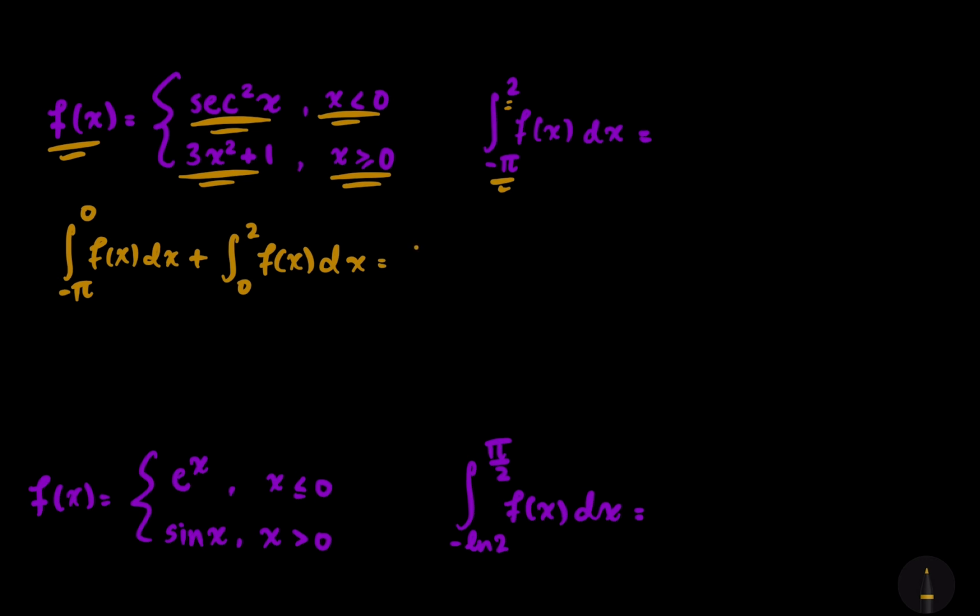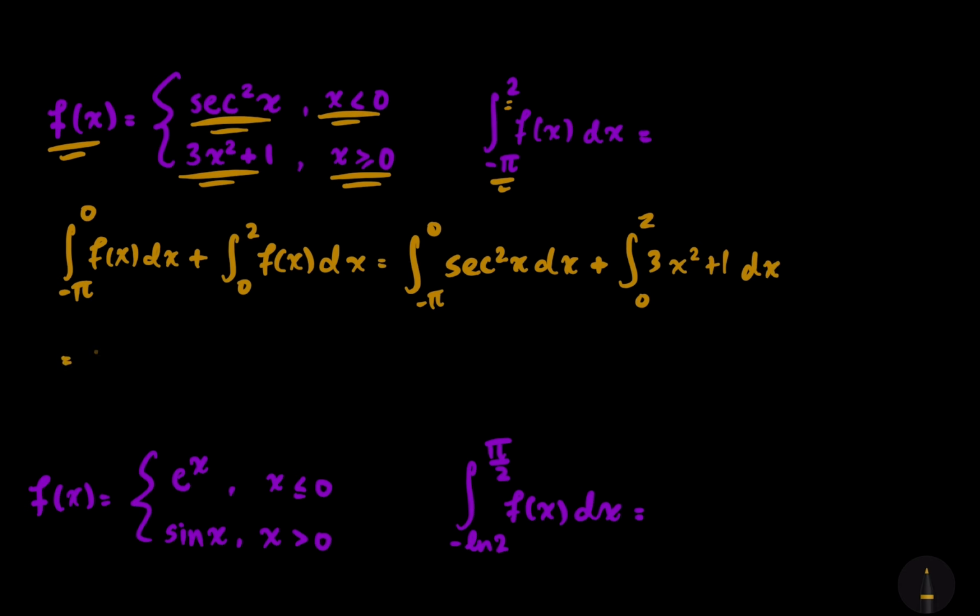So we rewrite this as the integral from negative pi to 0 of secant squared of x dx plus the integral from 0 to 2, where x is greater than or equal to 0, so f of x is 3x squared plus 1, with dx. Then we can just integrate.